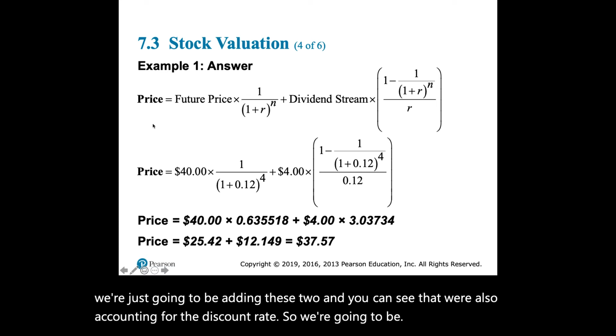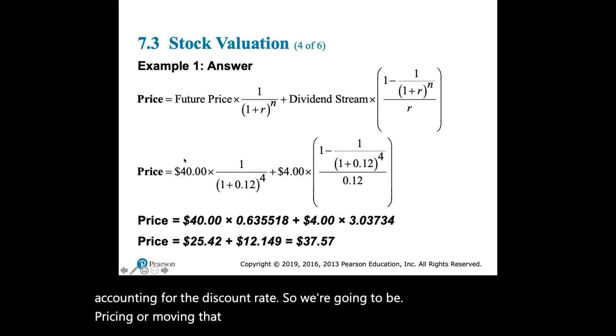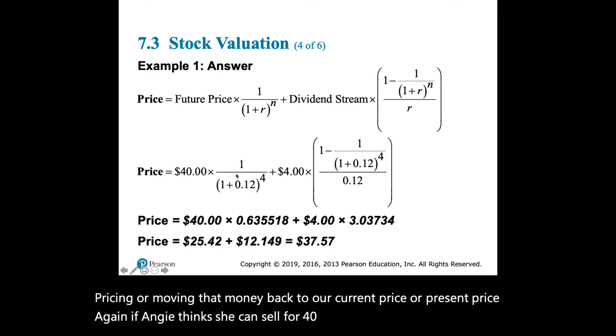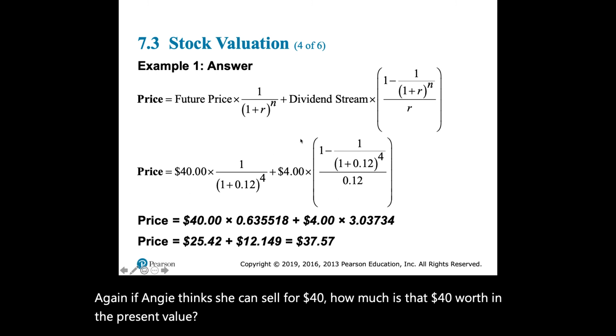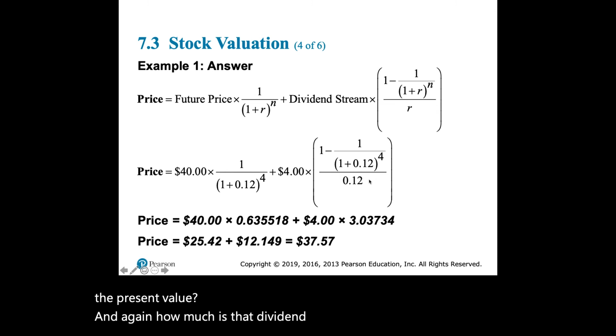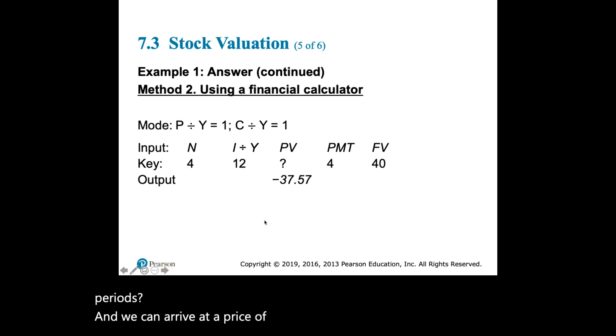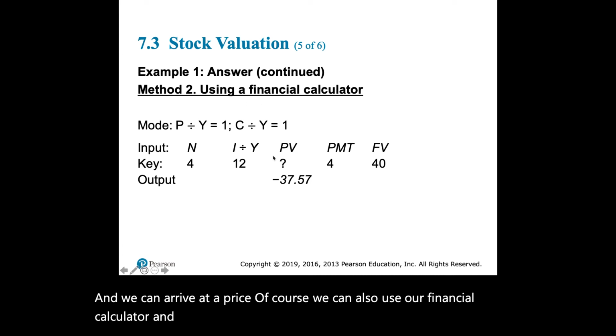If Angie thinks she can sell it for $40, how much is that $40 worth in present value? And how much is that dividend stream worth after those 4 periods? And we can arrive at a price. Of course, we can also use our financial calculator and determine what the price is. But there's a lot of assumptions being made here.